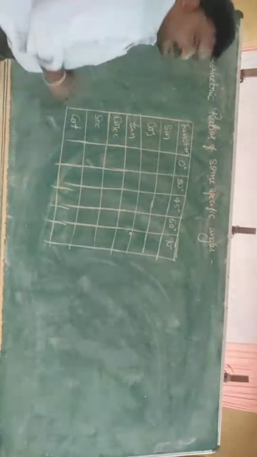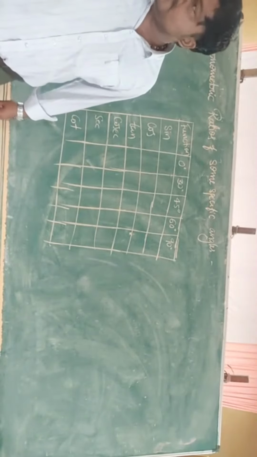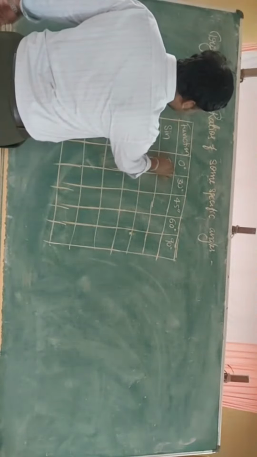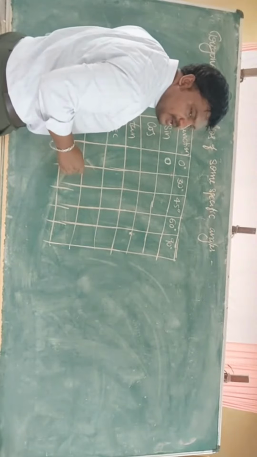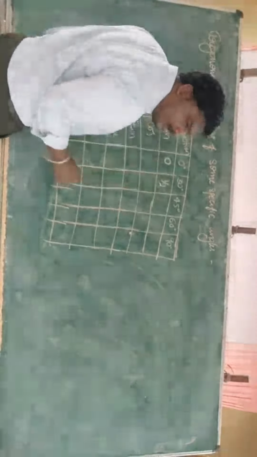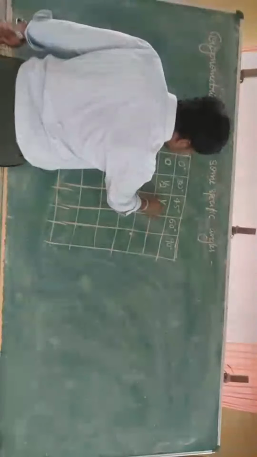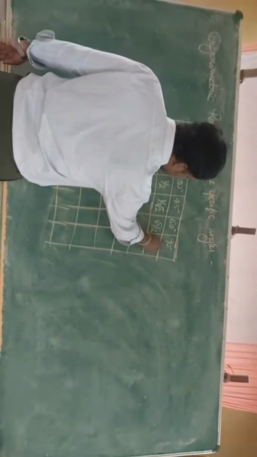So sine 0, as I told you, sine always lies between 0 and 1. Sine 0 is 0. Sine 30 is 1 by 2. Sine 45, 1 upon root 2. Sine 60, root 3 upon 2. Sine 90, 1.